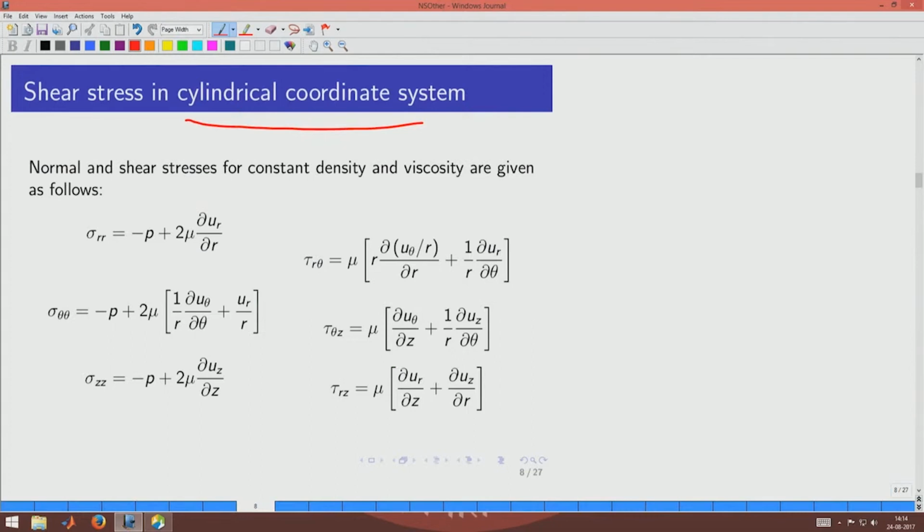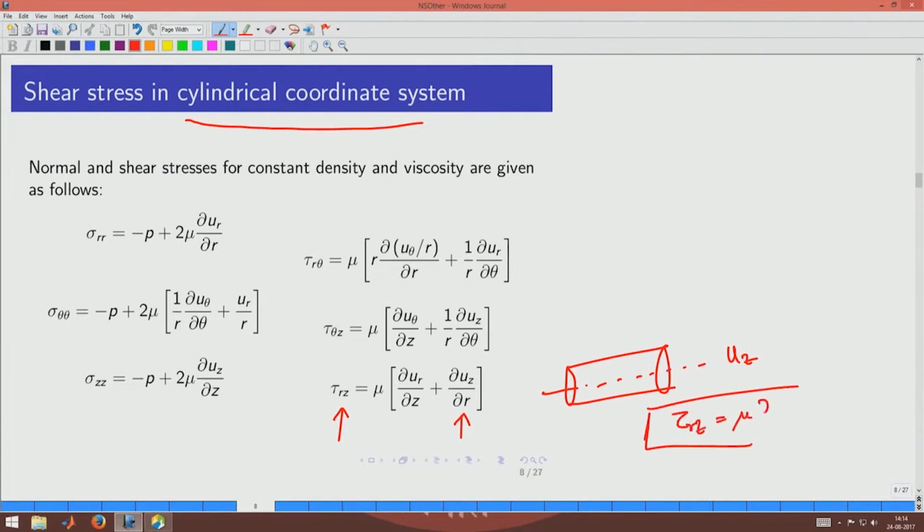So, for example, if you have a cylinder and you are looking at how the shear stress would look like when the velocity is in the z direction, then you know that tau rz would have these terms. It looks very much like a rectangular coordinate system, where you would write tau rz is equal to mu into dou u z by dou r.